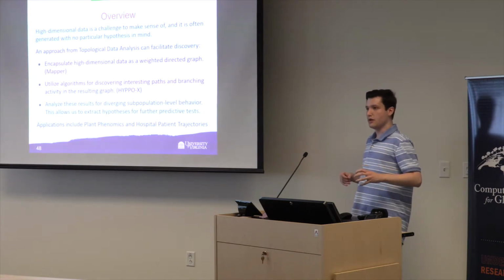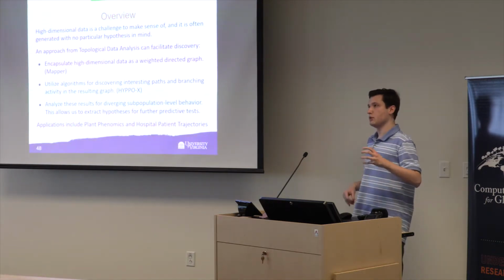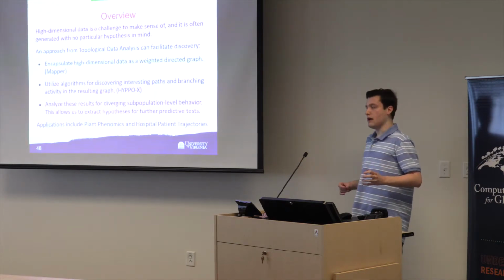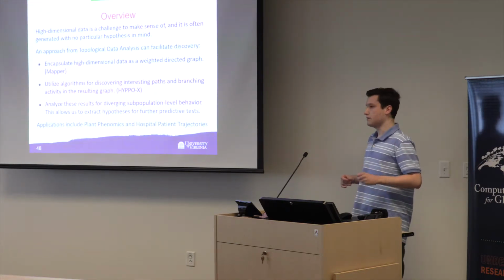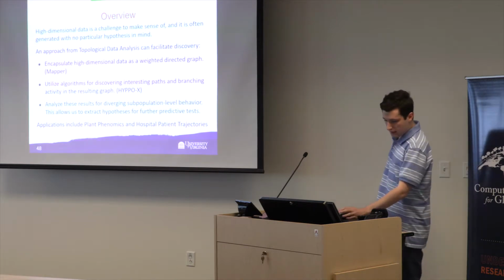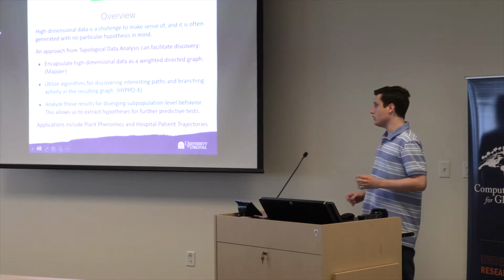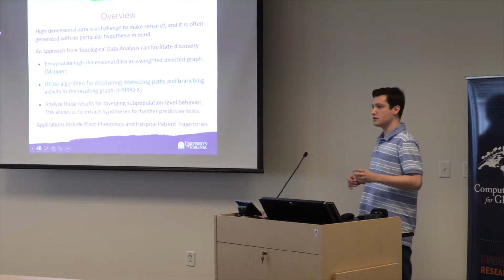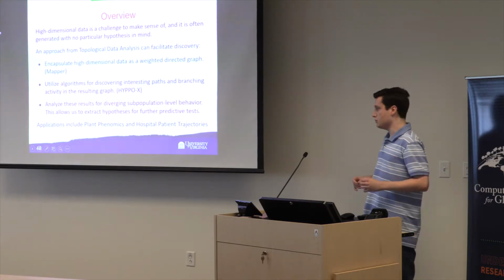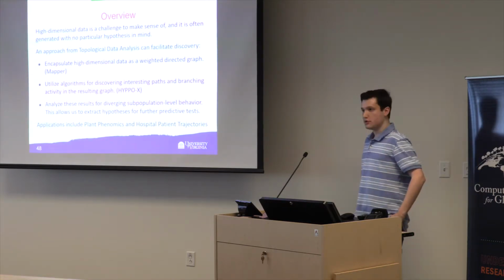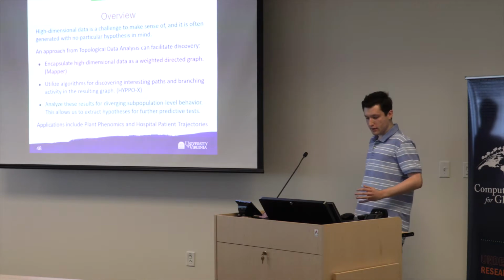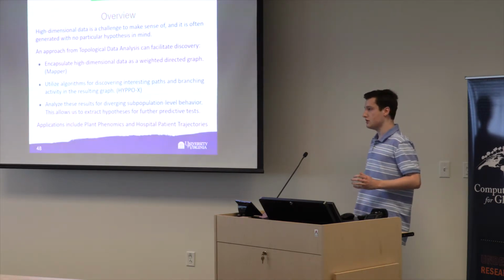Then we can look at what's the most important in our graph and analyze that. We want to find diverging subpopulation level behavior, and ultimately we want to extract hypotheses from this process for further predictive testing. Applications right now include plant phenomics and hospital patient trajectories.